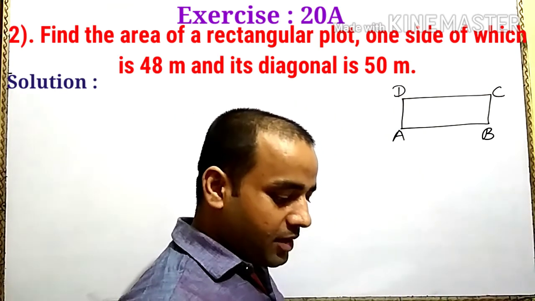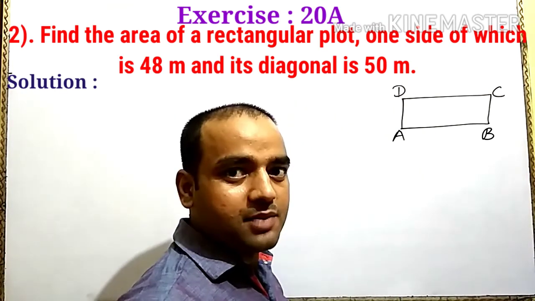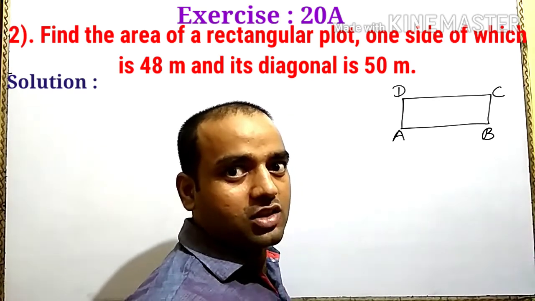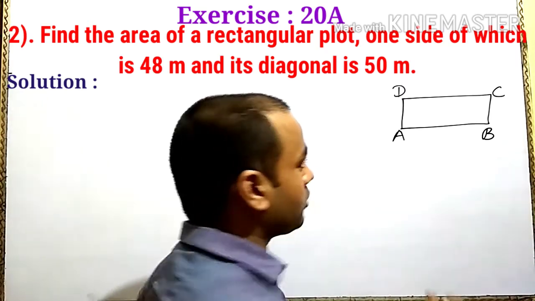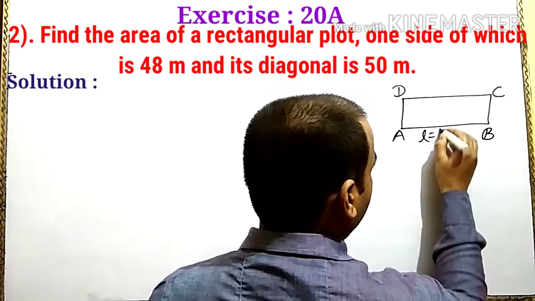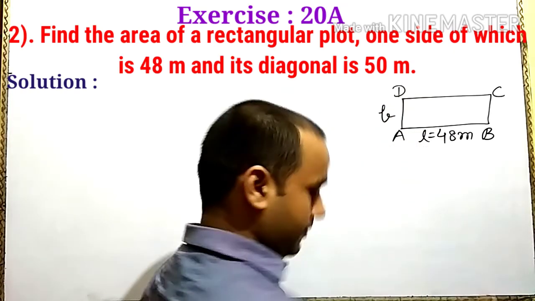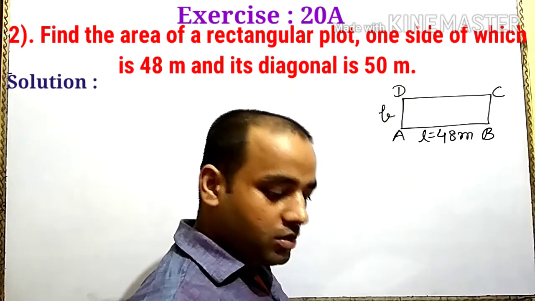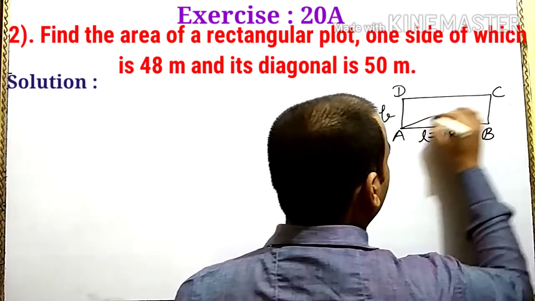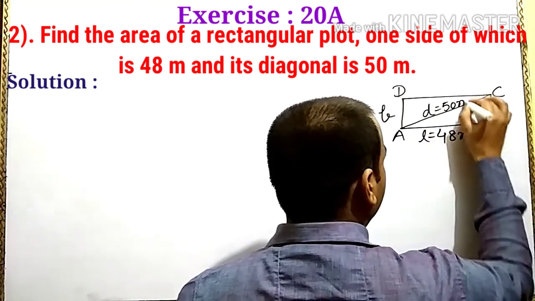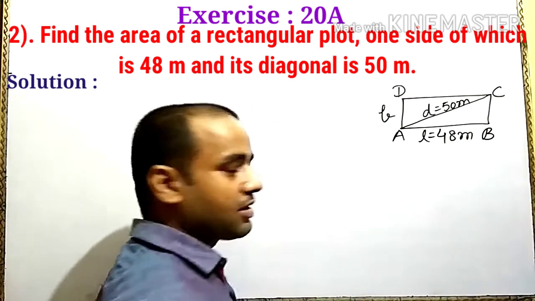One side is 48 meter, and one side means either length or breadth. So we take length equal to 48 meter, and breadth is not given here, and the diagonal is also given. Diagonal is equal to 50 meter. Is it clear?